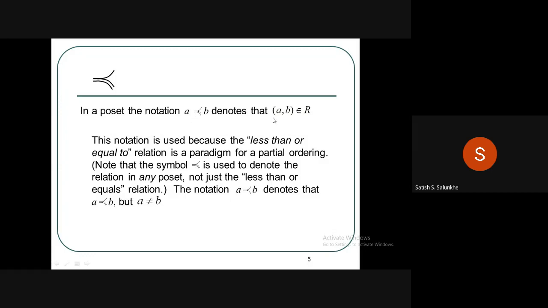For all (A, B) belongs to R, A is partially ordered related with B, wherein this equality indicates A and B both are the same. But if they are not the same, it is denoted something like this. That indicates A is partially ordered related with B, but A is not equal to B.